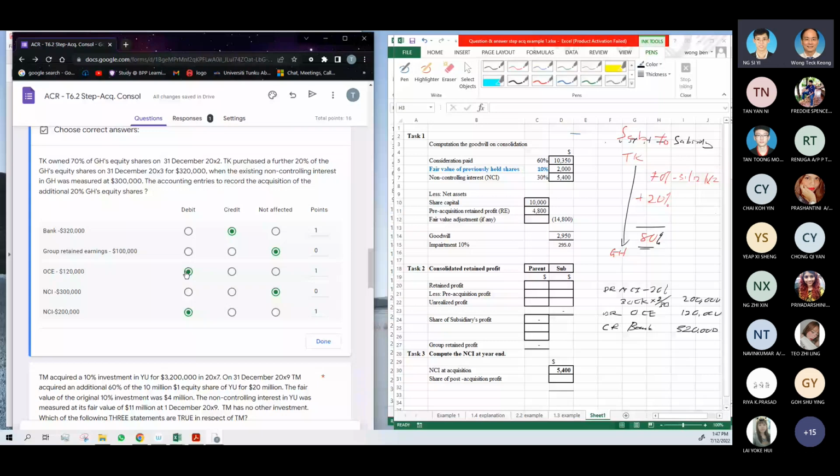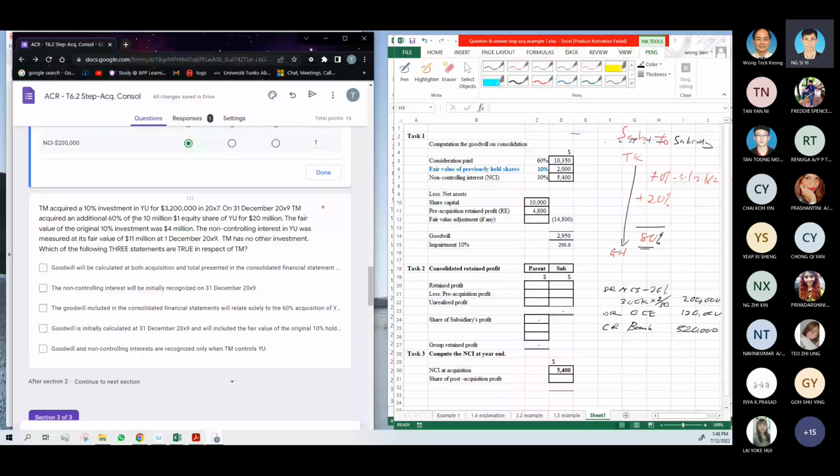So the last one, we test you the theory. TM acquires 10% in YU for 3.2 million in X7, then on 31st December X9 acquires another 60%. So in this case, it changed a bit. So then we'll just erase this one.